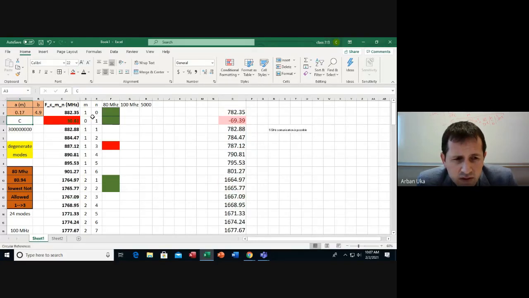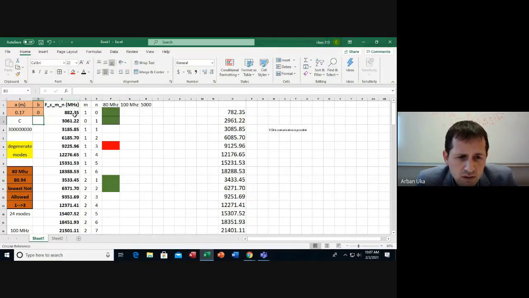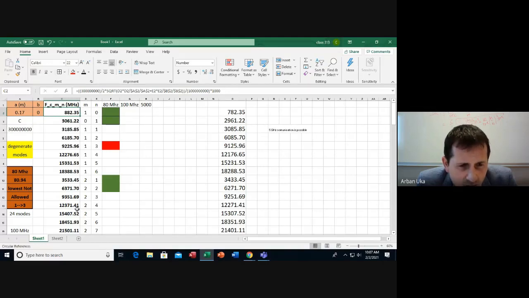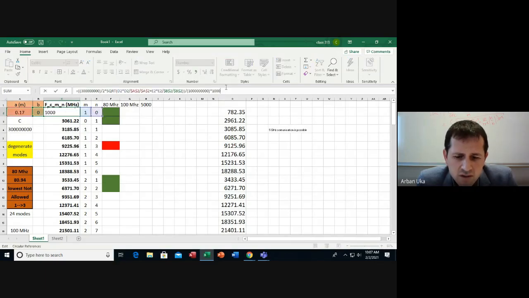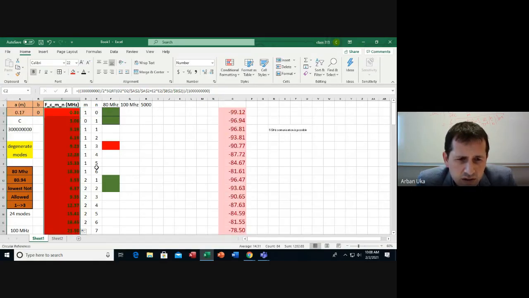So we get 17 centimeters, and everything is multiplied, and we say here 4.9 divided by 100. The first mode, I cannot see it, it barely moves. So if these are in megahertz, let's turn this into gigahertz. Okay, so these are gigahertz.